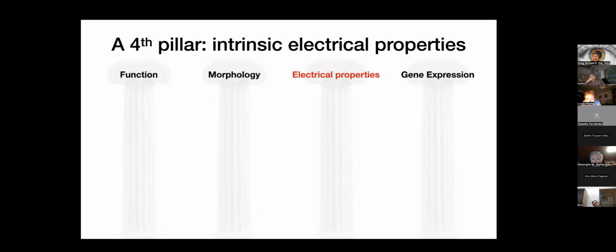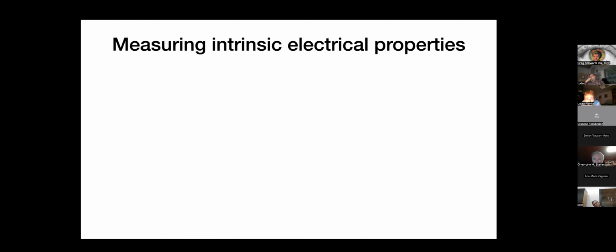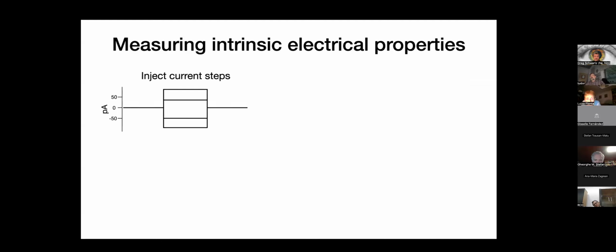And furthermore, we had to patch them anyway to get anything about their light responses. If you're already patched into a cell in whole-cell mode, you might as well inject some current and also get information about the electrical properties. So for all the cells I'm going to show you here, we did function, electrical properties, and morphology, and we're just starting the gene expression part. Let me show you what the electrical properties bit looks like.